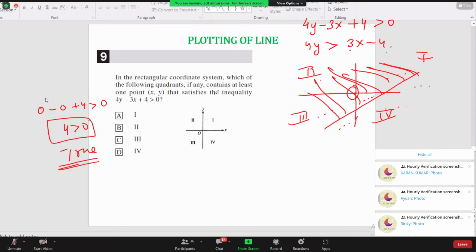The question is asking which quadrants contain at least one point that satisfies this inequality. So all four quadrants satisfy this inequality. So A, B, C, D, all will be the answer. So this is how you will be answering the question based on this idea.